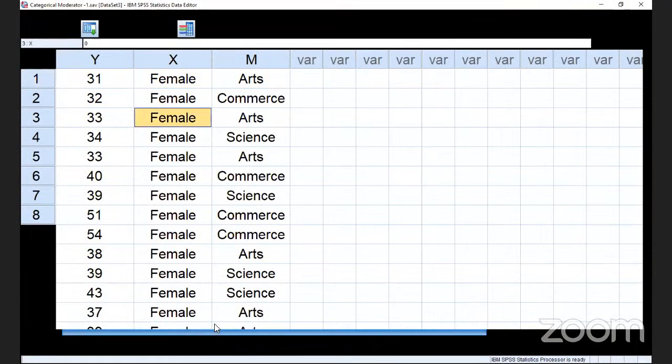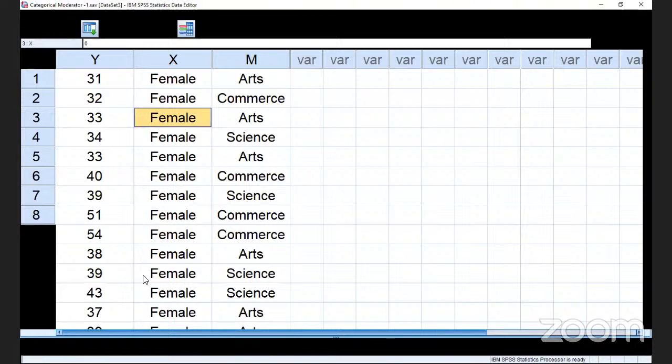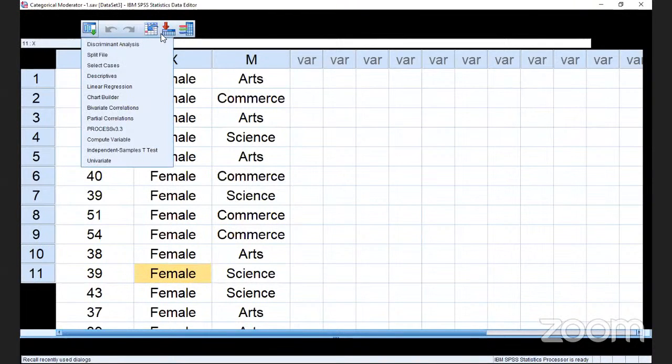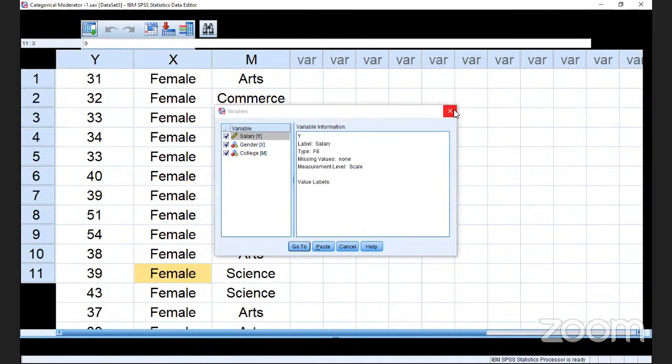Is it visible? Okay, you can see this slide.